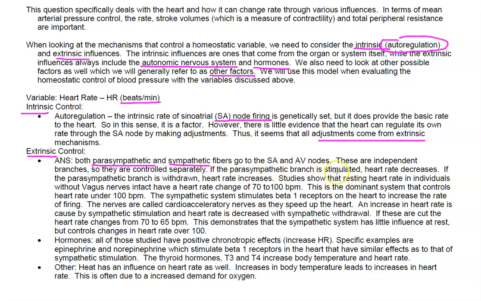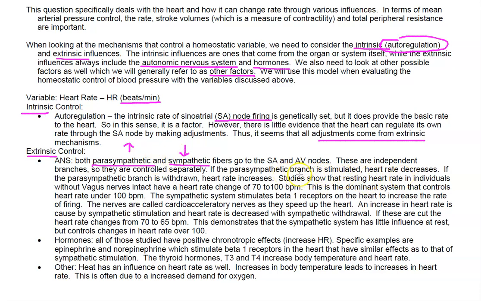They have independent branches and they're controlled separately, but they're antagonistic. So if the parasympathetic, for instance, goes up, the sympathetic goes down. The parasympathetic branch is inversely related to heart rate.